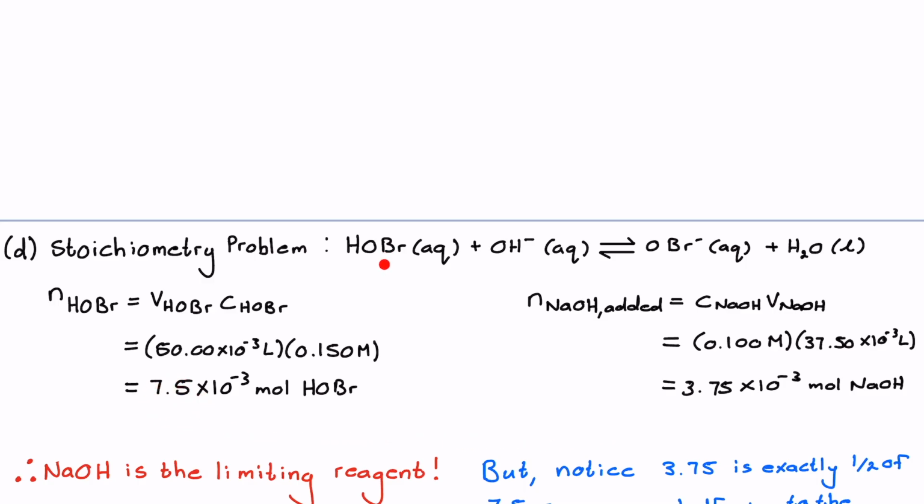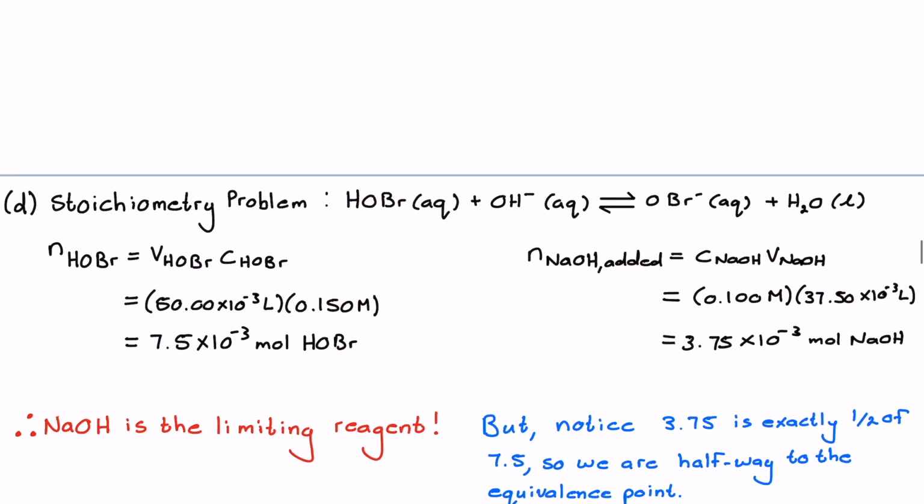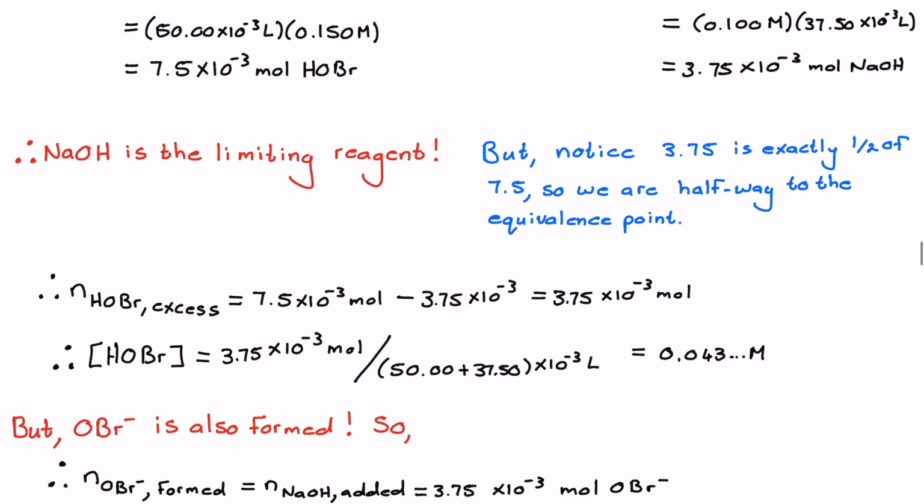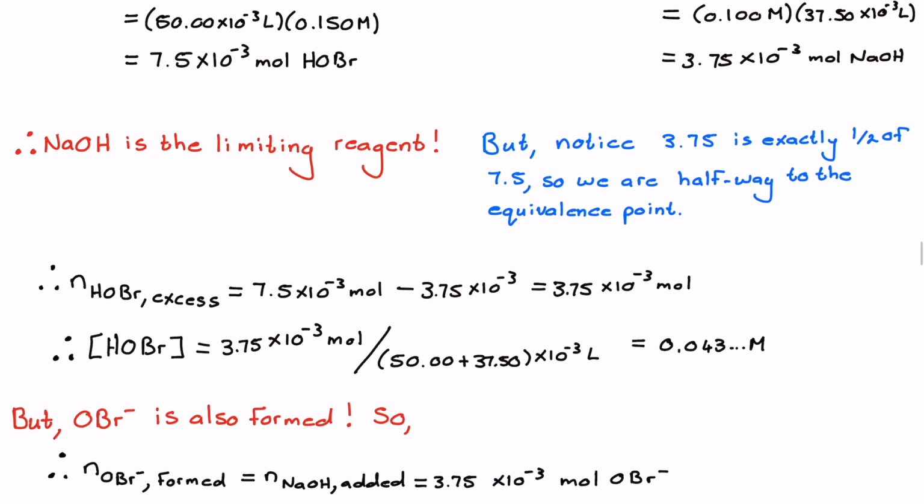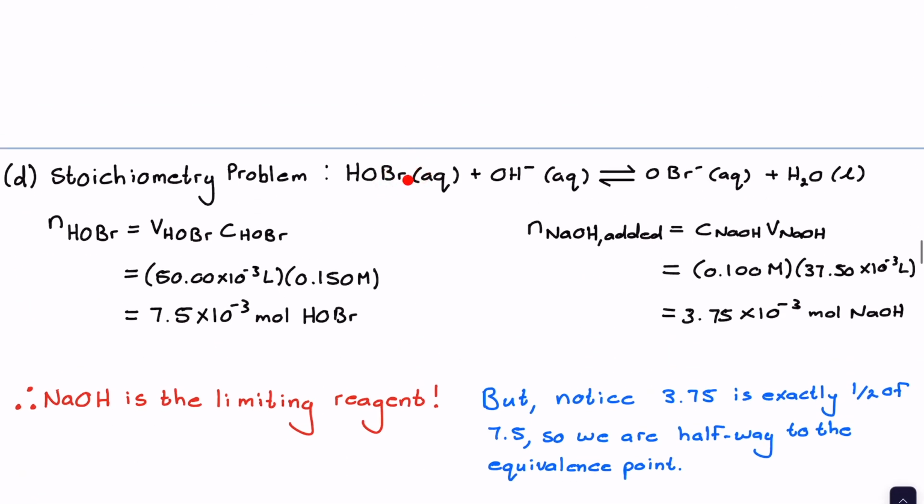So it means that if you do the calculations, what will you get? So the amount of acid in excess is 3.75, and it means the number of mole of the conjugate base formed are equal. So if the number of mole of acid in excess and the number of mole of conjugate base are equal, I hope you recall that that is a very specific point in the titration.